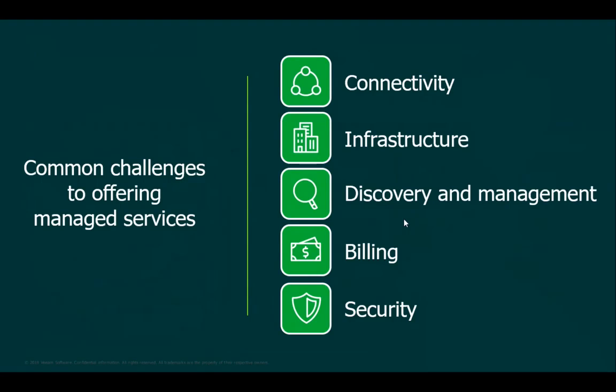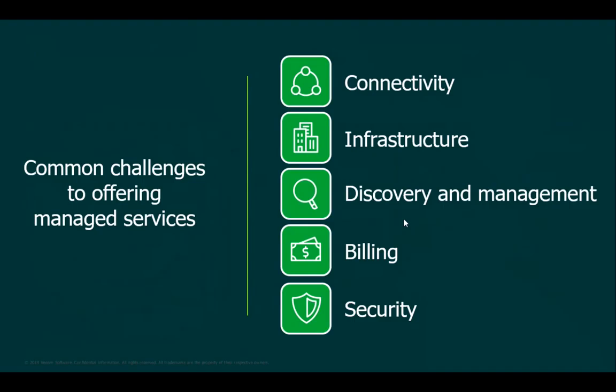Either you need to do a site to site VPN connection, or some kind of connectivity with the end customer data center to manage it from your environment. Then the second part is the infrastructure. You need to place an entire infrastructure either on customer premise or on your premise, and you need to manage that entire infrastructure.